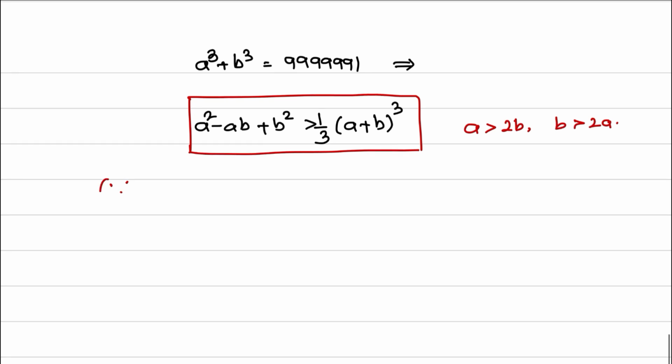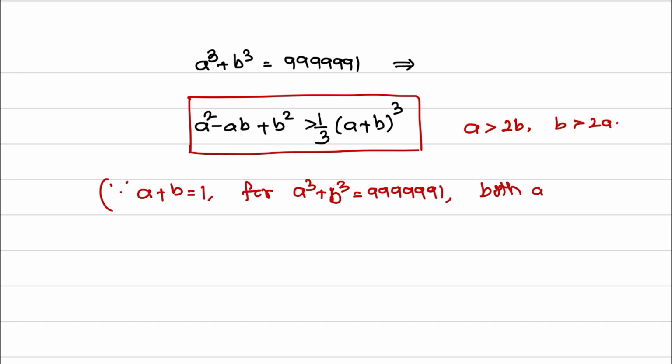Since a plus b is equal to 1, for a cube plus b cube equal to 99999991, both a and b cannot be positive together, and cannot be negative together, because a plus b is equal to unity.